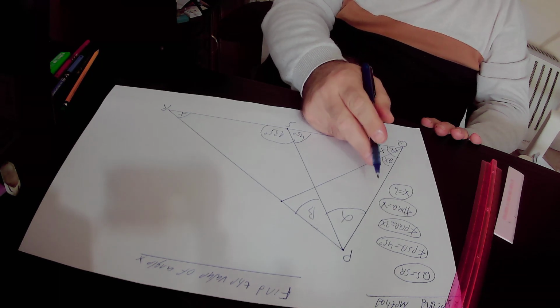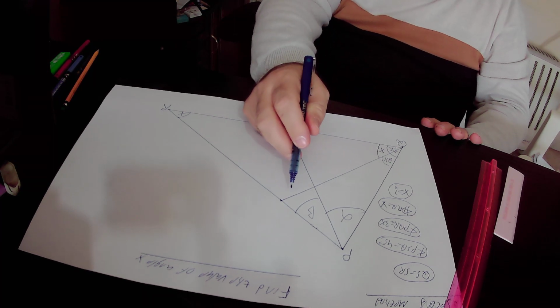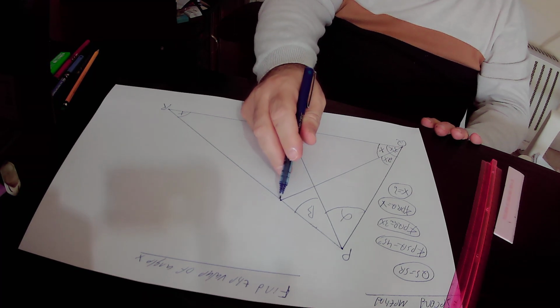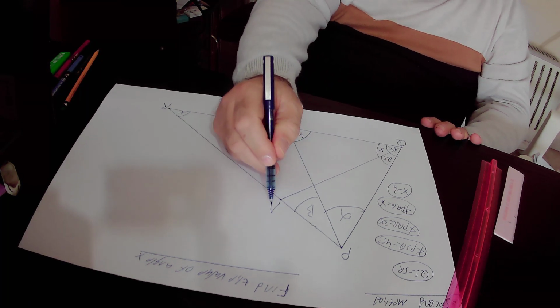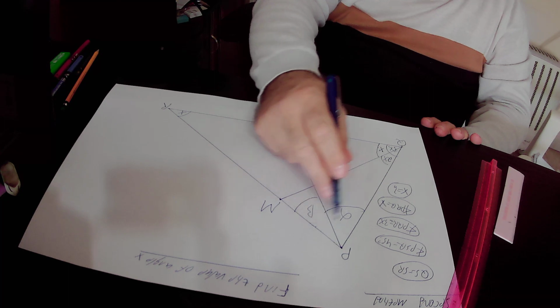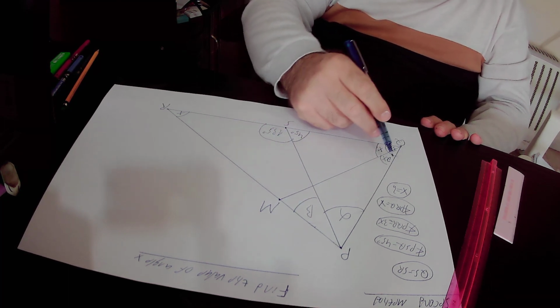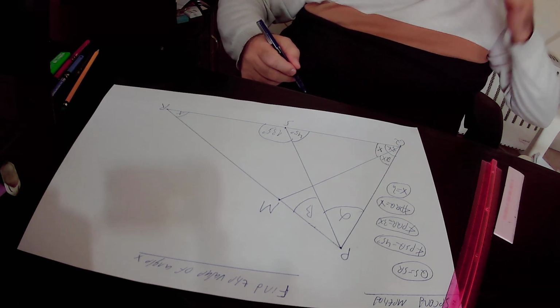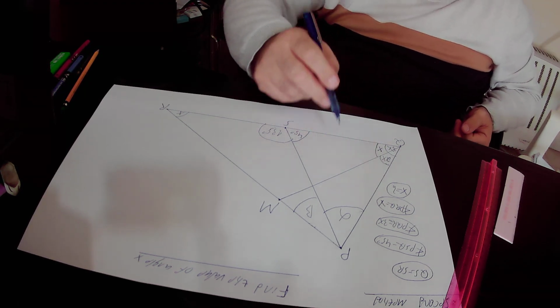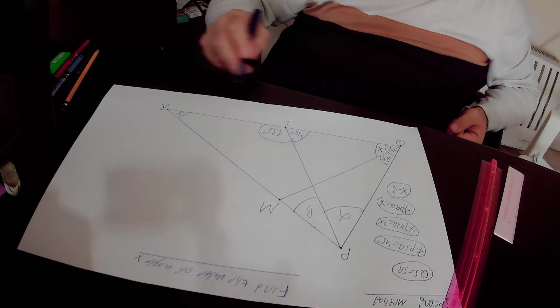Here we'll define this point as point M. So actually angle PQM equals 2x, and angle MQR equals x.